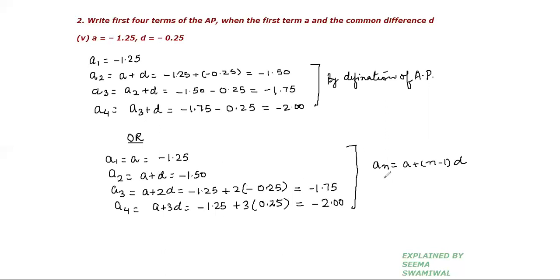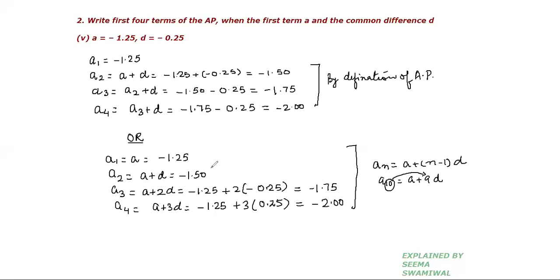If it is a_10, that means this will be a plus 9d. So whatever number you have here, the coefficient of d is 1 less than that. Similarly, if you want to find out the second term, the coefficient of d will be 1 less than that. So that is a plus d.